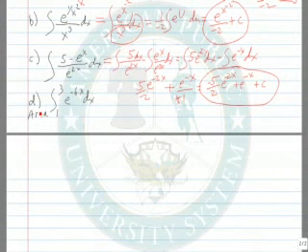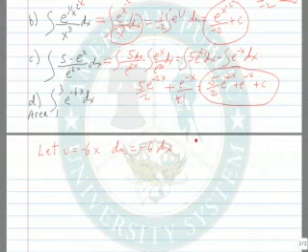Suppose we're interested in the area under the curve from 1 to 3 of the equation e to the negative 6x. We can let u equal negative 6x, du equals negative 6 dx, and dx would equal du divided by negative 6.